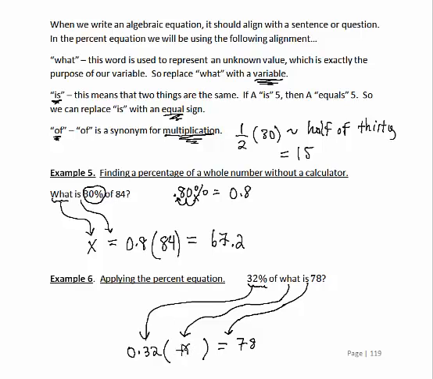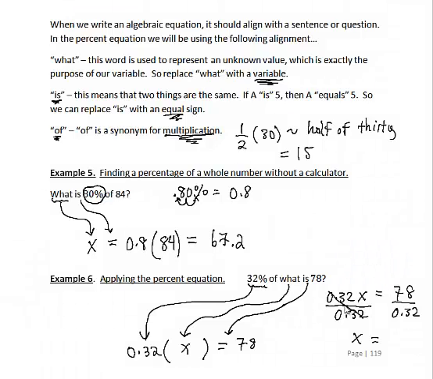So to get the x by itself, we take note of what's happening to the x. It's being multiplied by 0.32, so we divide by 0.32. The 0.32s cancel on the left, and we have x equals 78 divided by 0.32.